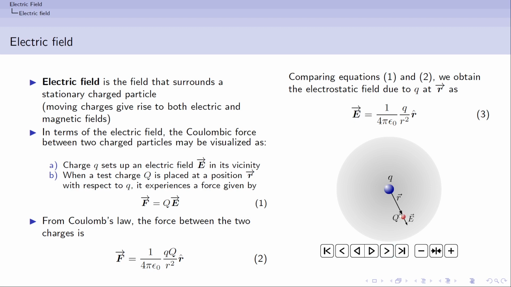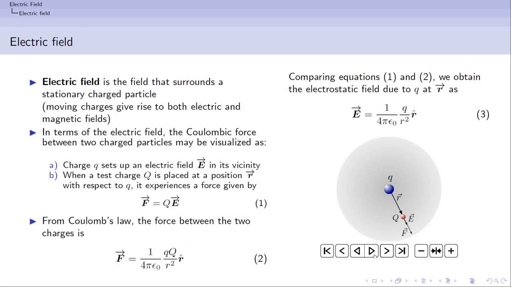Now let's say I place a test charge here. What is going to happen to the test charge? The test charge is going to experience a force, and the force that is experienced by the test charge is F. This is basically the visualization of the Coulombic force in terms of the electric field.